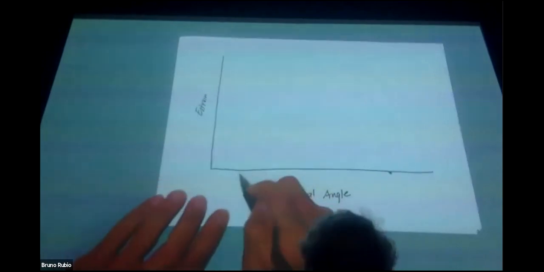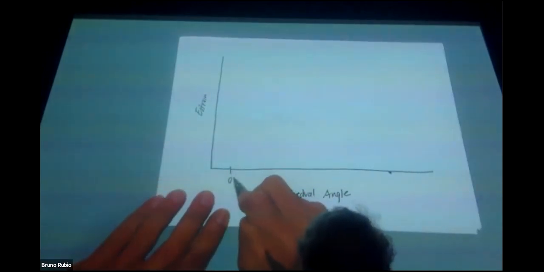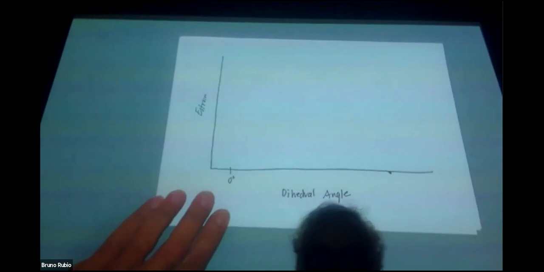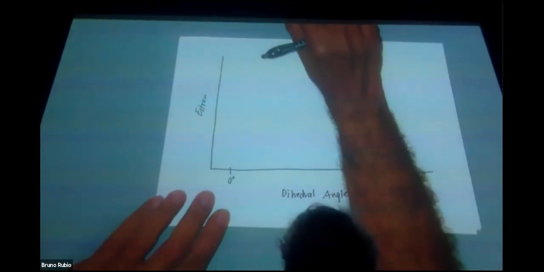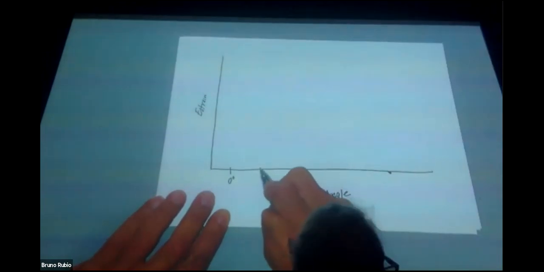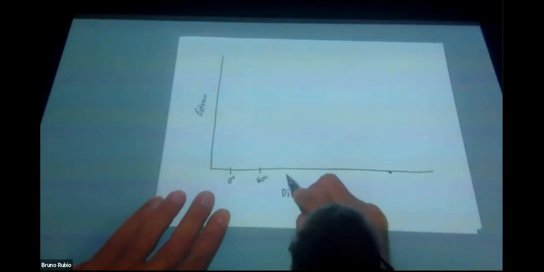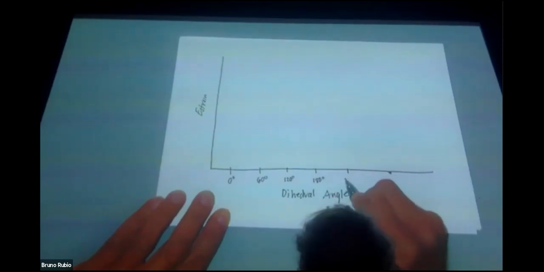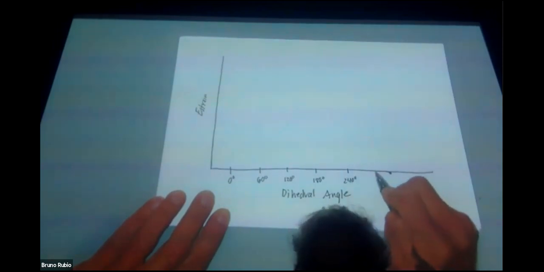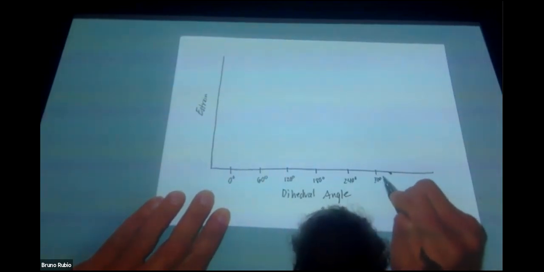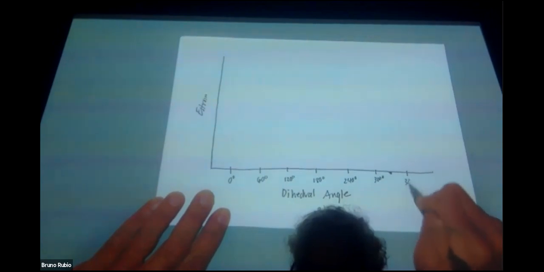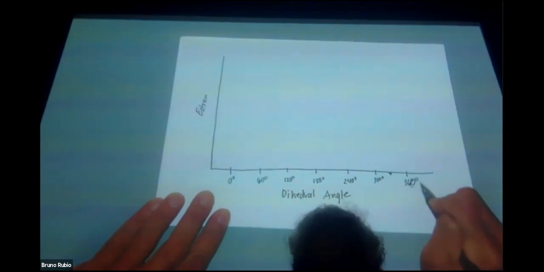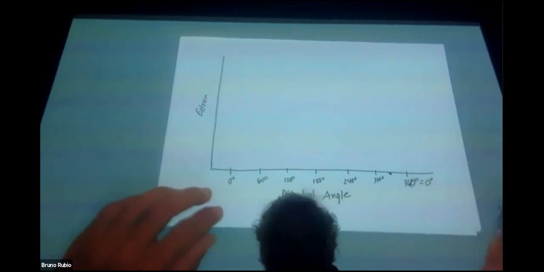And so I have data for the 0 degree of dihedral angle. I have data for the 60, for the 120, for the 180, for the 240, for the 300, and for the 360, well, that's just equivalent to the 0 degree.